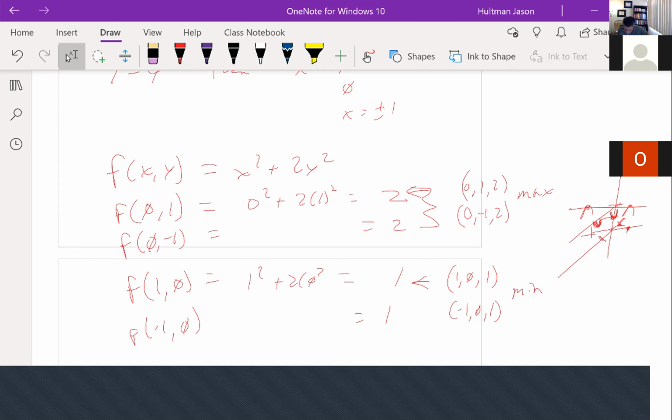Oh, that's an exponent. Equals 1. Oh, look at that. Isn't that pretty? It's a cylinder. Sweet. So, this is nice.